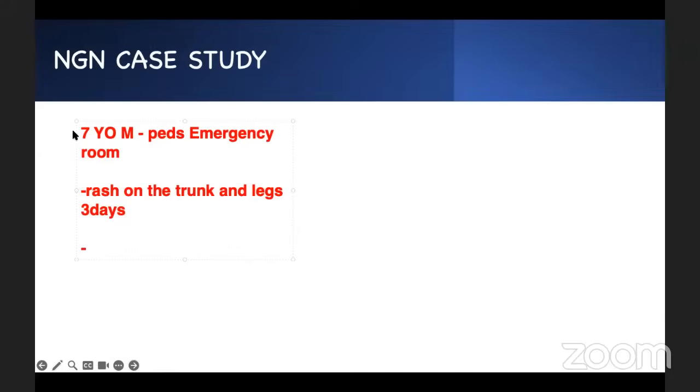And when the doctor looked at the rash, the mommy tried to describe it, but the doctor described it better. He said it was a round rash. Okay, it has pink color in the center.